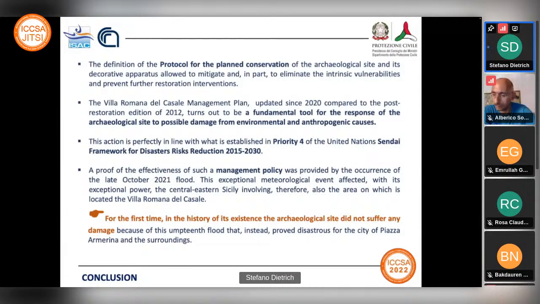But for the first time in its history, the archaeological site was not damaged by the flood, which, however, proved disastrous for the city of Piazza Armerina and its surroundings.